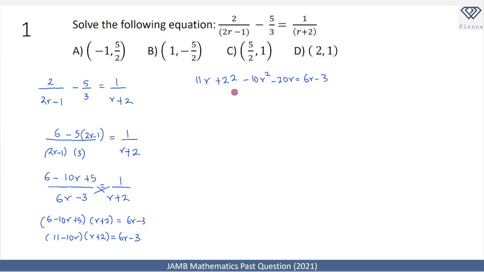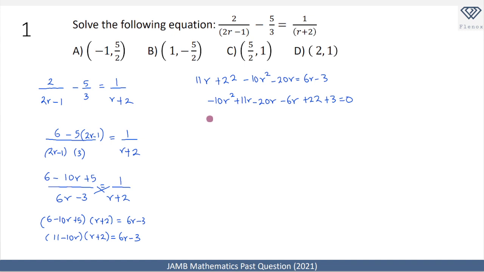So what do we have? Let's start with having minus 10r squared, then we have plus 11r minus 20r, then I can bring this 6r over here. I have minus 6r, then I have plus 22, then I bring my minus 3 to the other side, which will give me plus 3, will all be equal to 0.